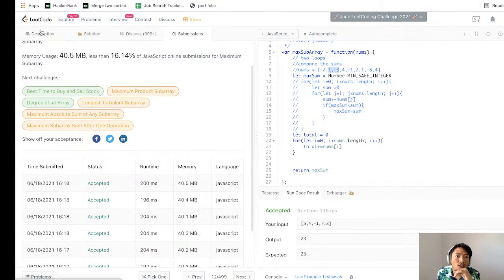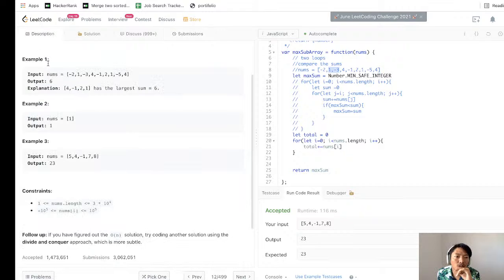What do we need to get? Okay, so in here, we need to start from 4, right? But this is still minus 1.